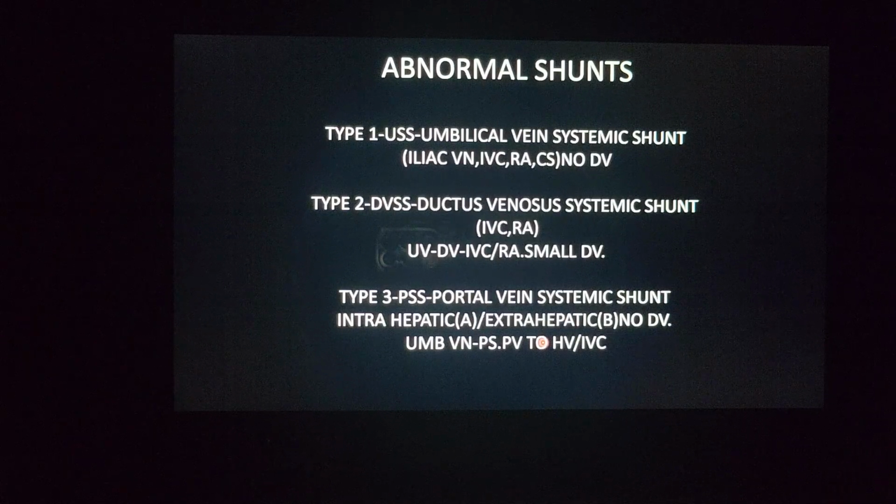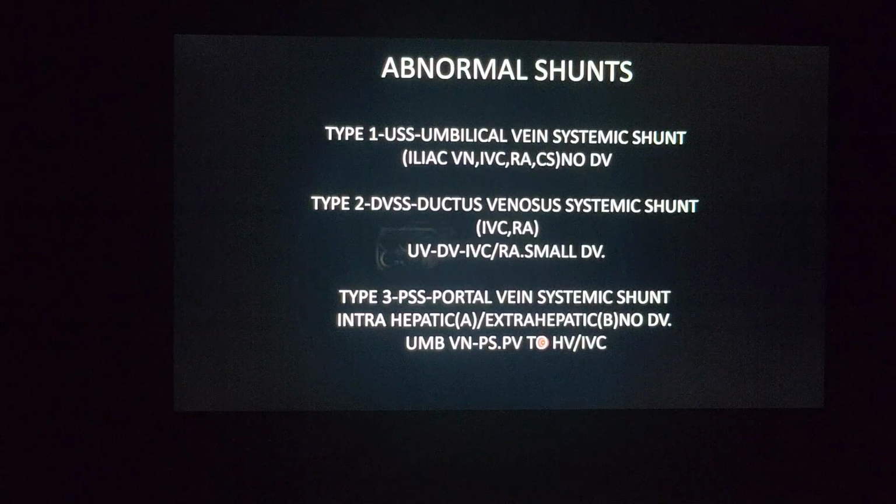So according to the shunts, the classification is type 1 when there is a direct umbilical vein to systemic vein shunt. There is no ductus venosus. In type 2, there is an abnormal ductus venosus. So it's an umbilical vein, ductus venosus to systemic shunt, which could be either into the IVC or right atrium.